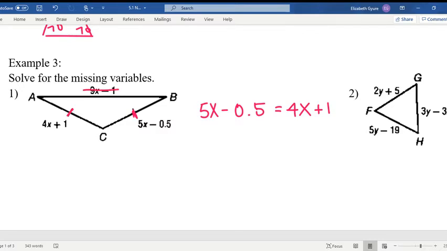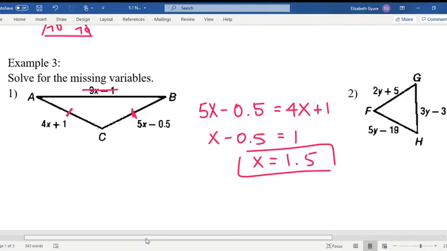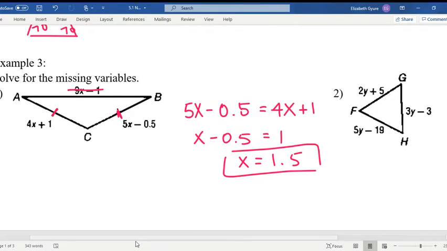So then you go through and solve. I would subtract my 4x over to get x minus 0.5 equals 1, and then add your 0.5 over to get 1.5. The occasional decimal will happen here, just normally not an ugly decimal. Right, Ben? All right. Number 2, Bridger.